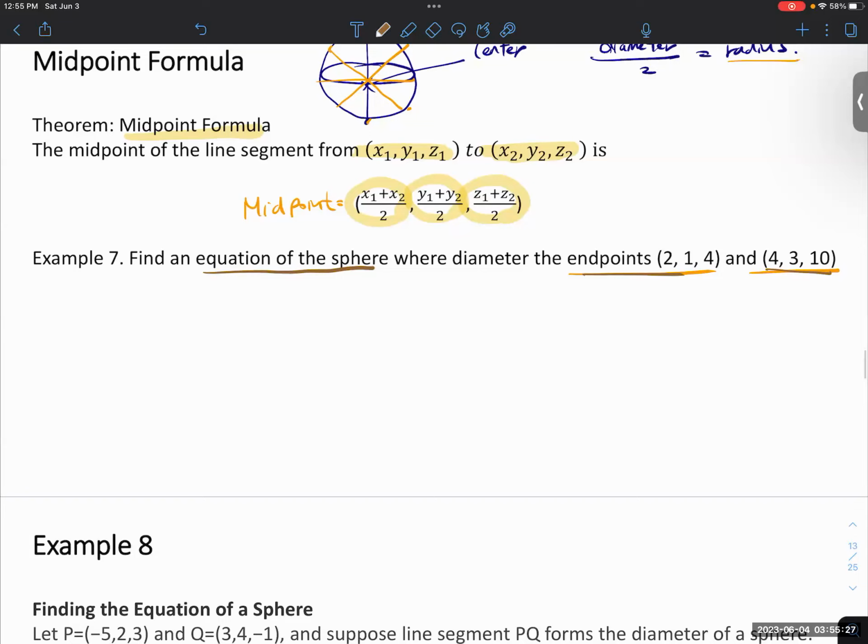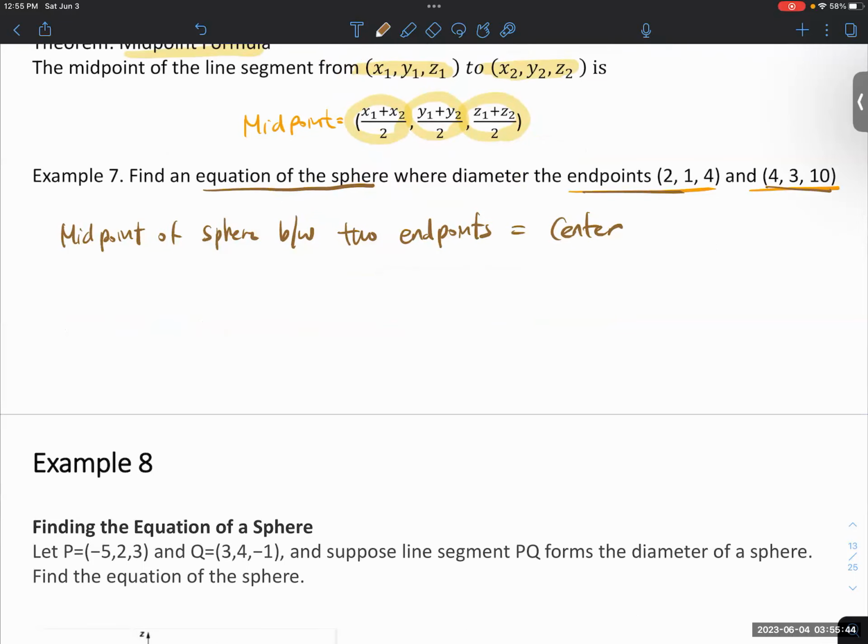So let's find the center, the midpoint of the sphere between the two endpoints, that's the center, correct? So it is going to be 2 plus 4 divided by 2, 1 plus 3 divided by 2, 4 plus 10 divided by 2. I got it: 3, 2, 7. That's your center.